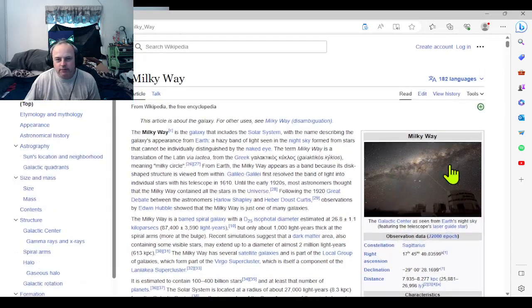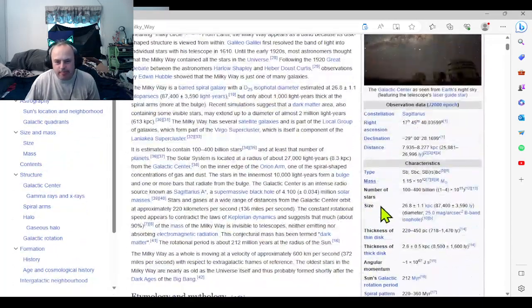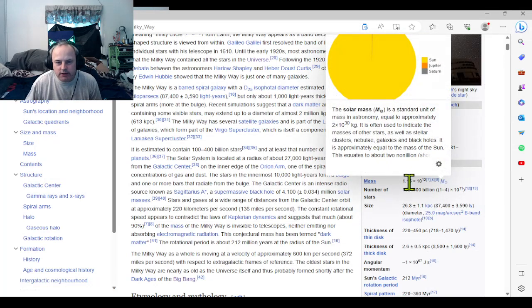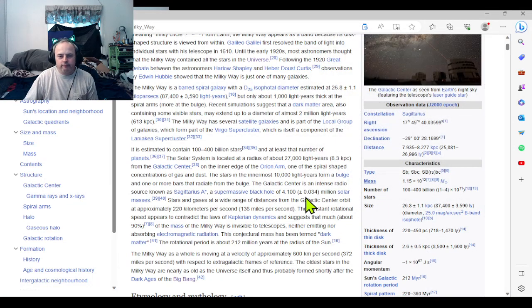If you look at our Milky Way, it has a mass of 1.15 times 10 to the 12th solar masses, so about 1.15 trillion suns.